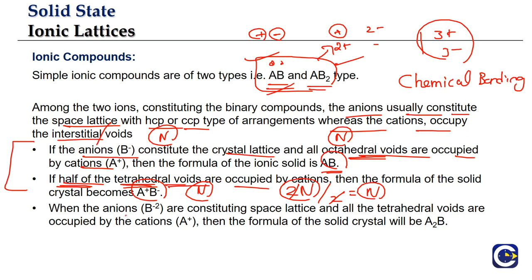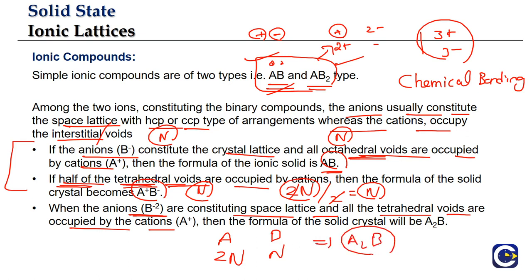And if we have the anions forming the lattice and cations occupying all the tetrahedral voids, means we'll have 2n particles of A. B will be n. So what will be the simple formula here? The simple formula will be A2B.